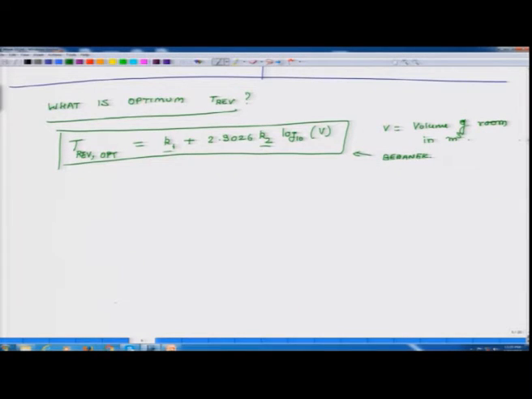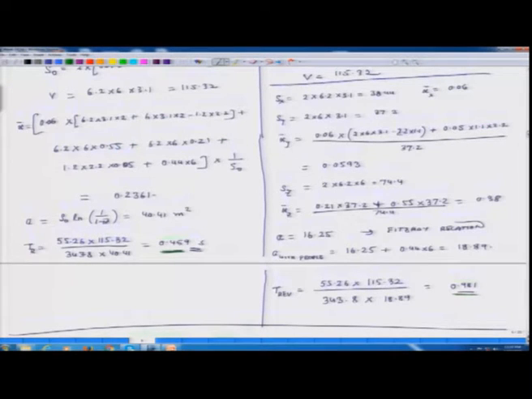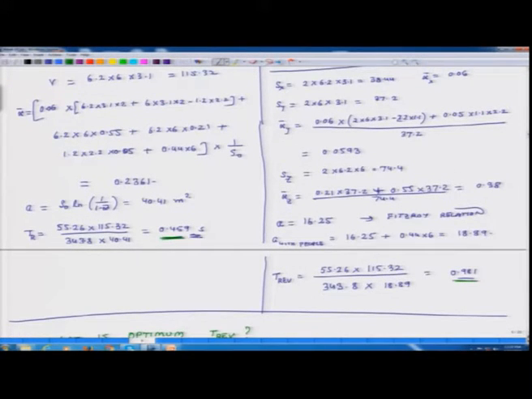Let us say that the example for which we have done all these calculations is for a conference room, where 6 to 8 people can sit and have a small conference. Okay.